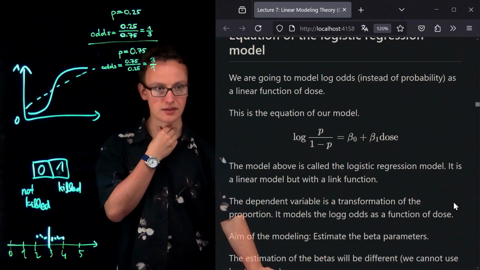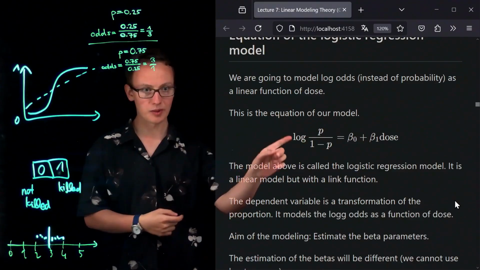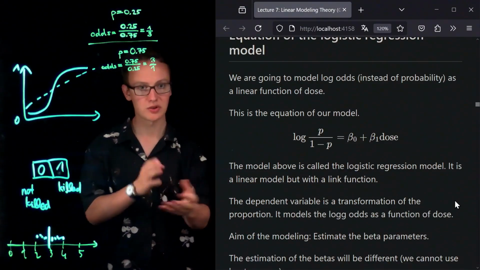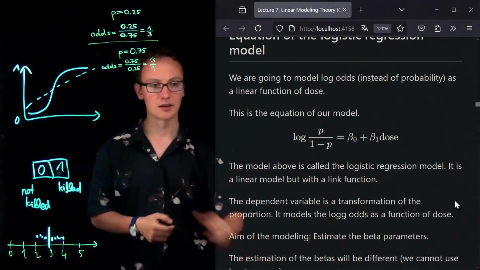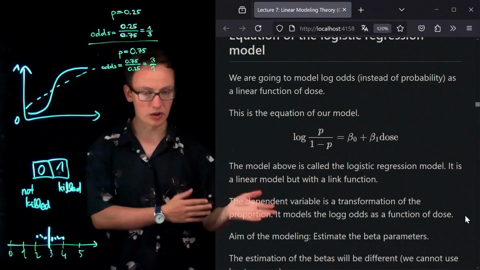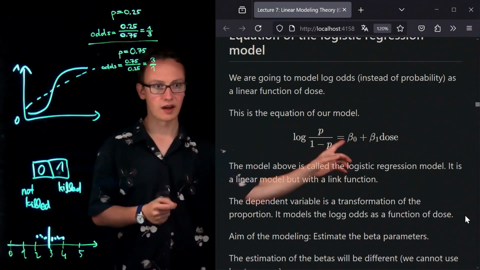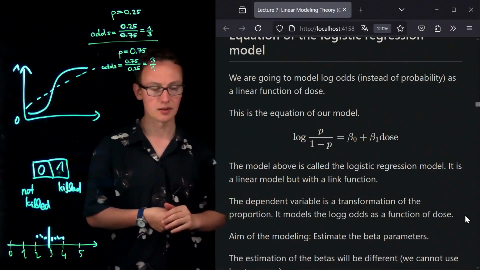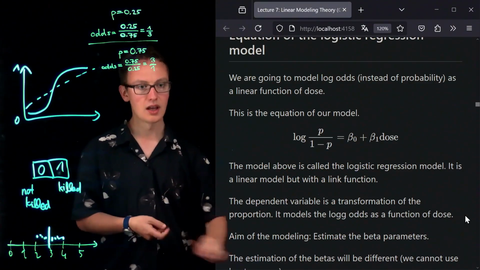And so this model is the logistic regression model, and as we discussed, the dependent variable here now is actually a transformation of the probabilities, these proportions, into this log odds scale, basically. And so the aim of the modeling, just like for linear regression, is to find the optimal beta values, the beta parameters for intercept and potentially one or many slopes.